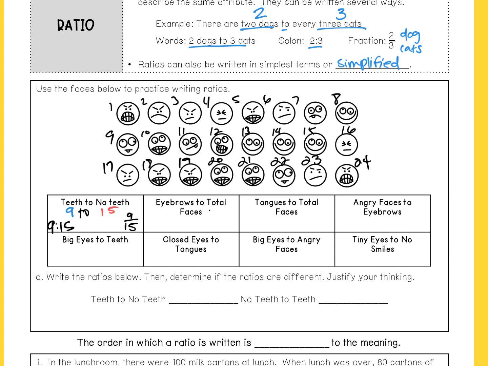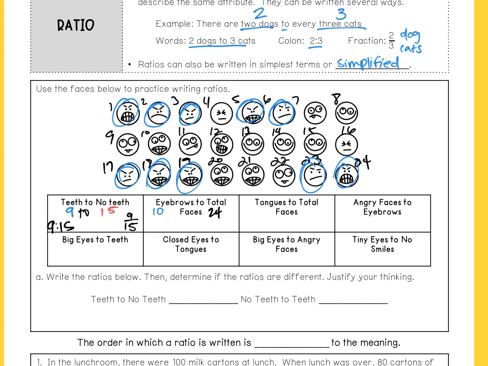So there are 24 total faces, and I want to know which ones have eyebrows. I'm going to count the faces that have eyebrows. There is 1, 2, 3, 4, 5, 6, 7, 8, 9, 10 faces that have eyebrows.